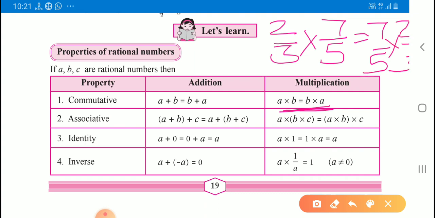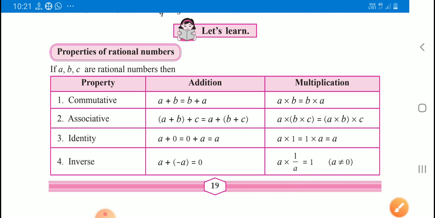Why are they equal? If you multiply, then you will get the same answer. That is, the answer of this is 7 twos are 14 upon 15, is equal to, here also you got 14 upon 15. Okay. Do you understand this commutative property?